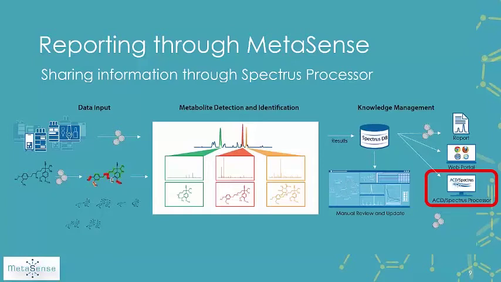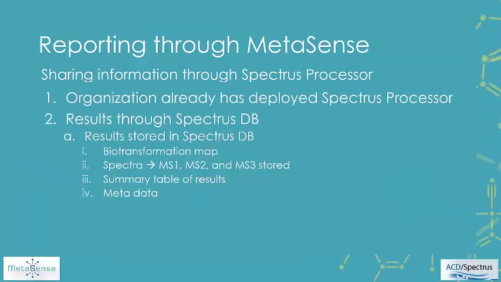It's an easy way for them to view the results of the MetaSense data processing. So again, it's really for sharing information through Spectrus Processor, as I mentioned, where the organization already has deployed the Spectrus Processor data processing platform.